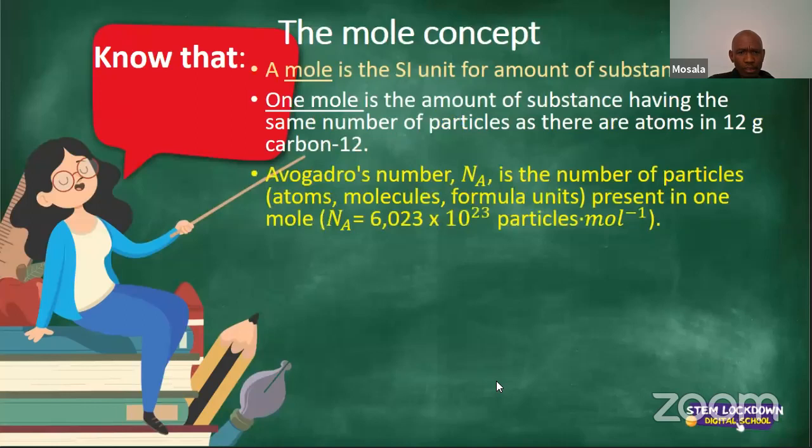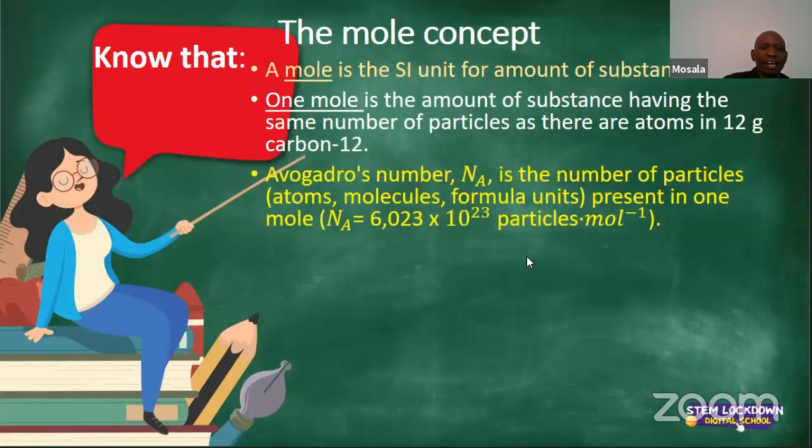Right. What is Avogadro's number? It is normally represented by Na. It is the number of particles, which may be atoms, molecules, or formula units, present in 1 mole.